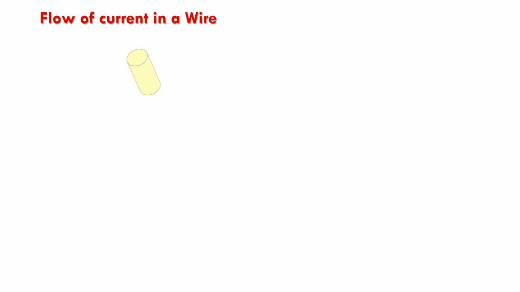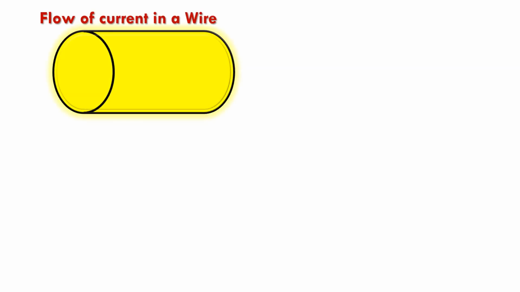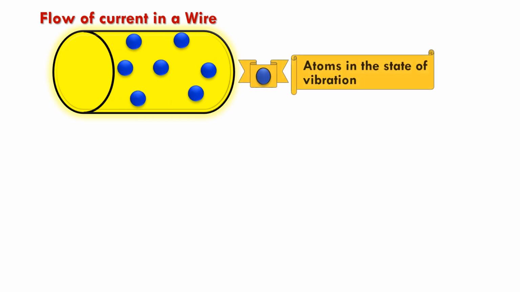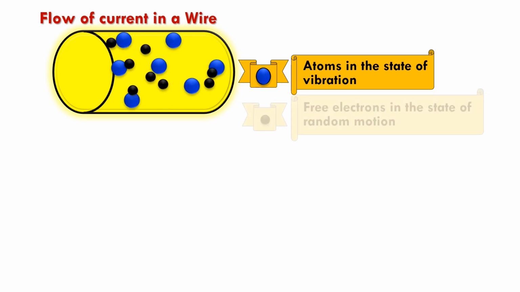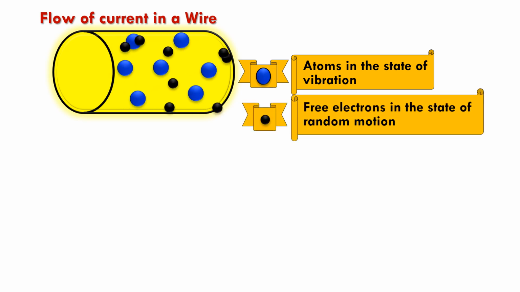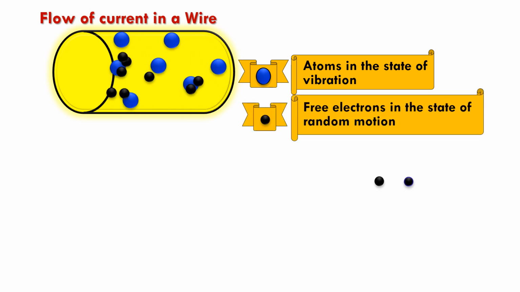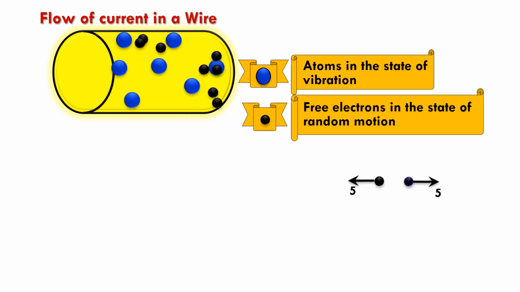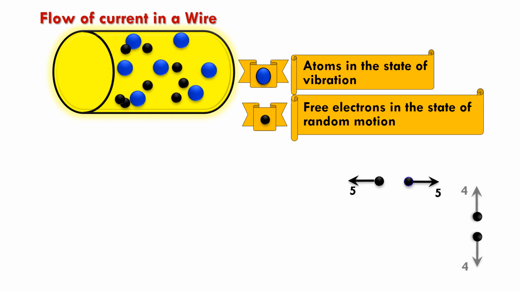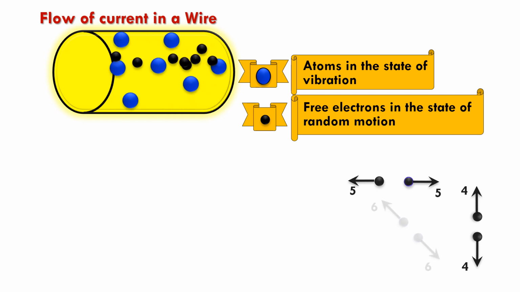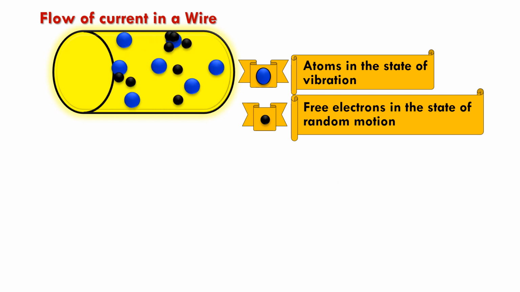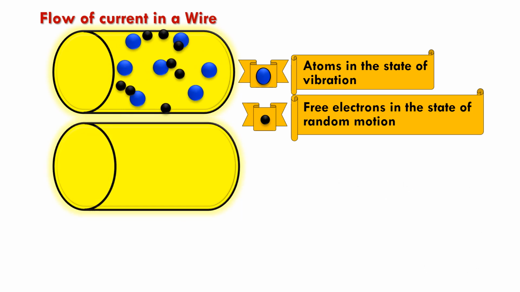Flow of current in a wire. Atoms are in a state of vibration. Free electrons are in a state of random motion. See, they are in a state of random motion.